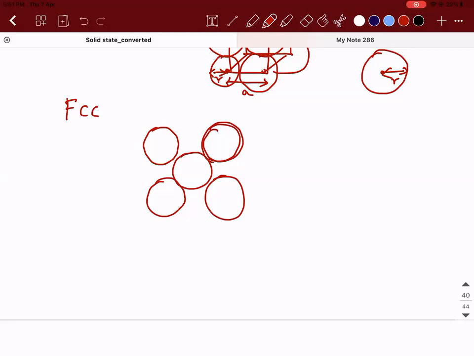Now we are just going to take the broad triangle ABC. This will be your edge length A, the distance between the two connecting particles. Here it will be A, and here it will be R, the radius, and here there will be another R, so 2R. Now calculate for the triangle ABC using the Pythagoras theorem.